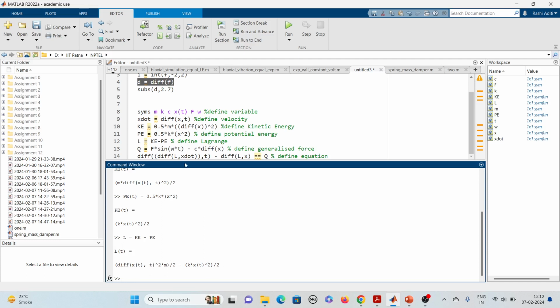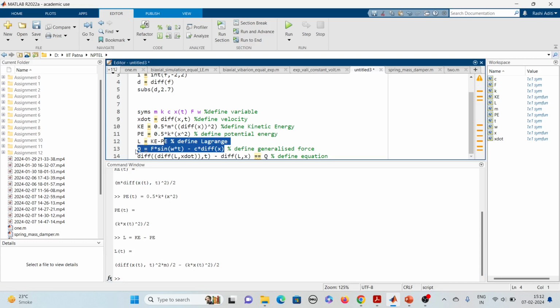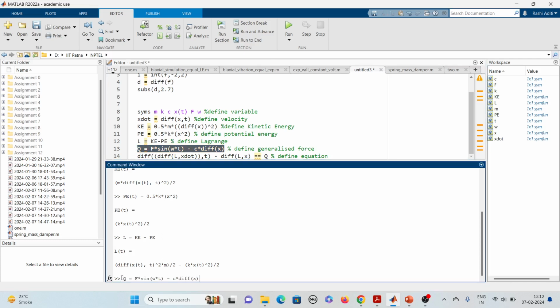Next, we have to define the generalized force, which is given as Q. Q is equal to F sine omega t minus c into diff of x, which is x dot. Let us use x dot here. Here, I got the generalized force.